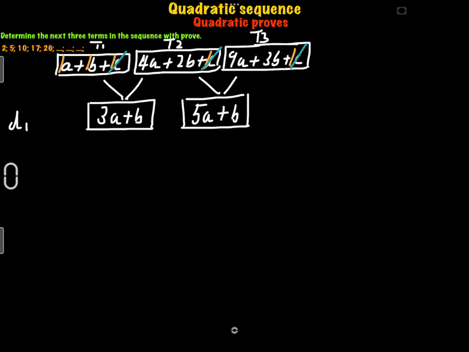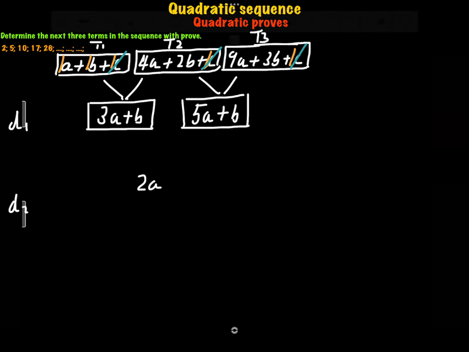Remember, since you're working with quadratic sequences, we want to find the second difference, D2. To do that, we do the same application by subtracting 3A from 5A, and 1B from 1B. So we have 2A, and then 0B.